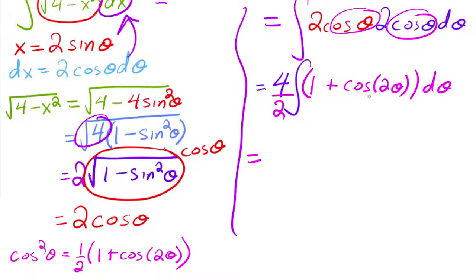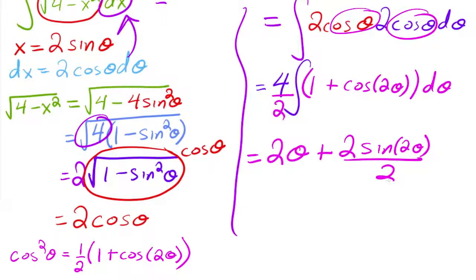Okay, and then if I find the antiderivative of this, I would get 2 times the antiderivative of 1, which is theta, plus the antiderivative of cosine of 2 theta, which is sine of 2 theta over 2. That gets rid of these, and then plus C, of course. Then you have to go back to the original variable.